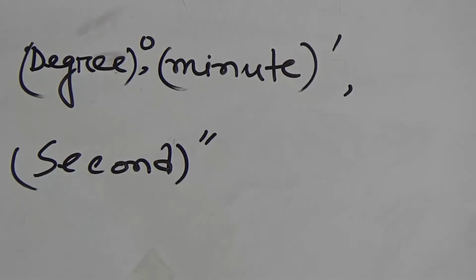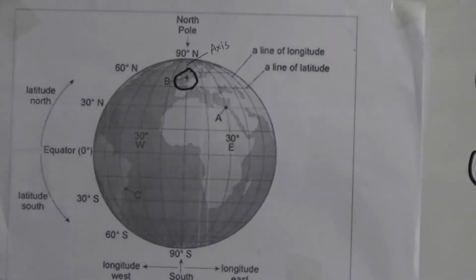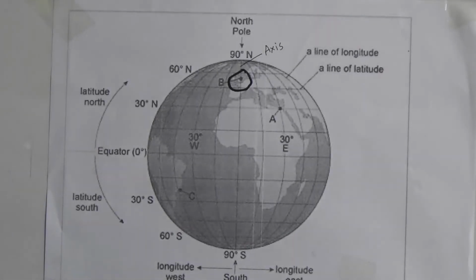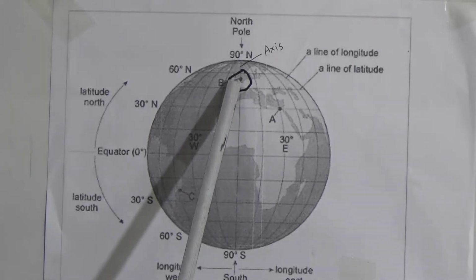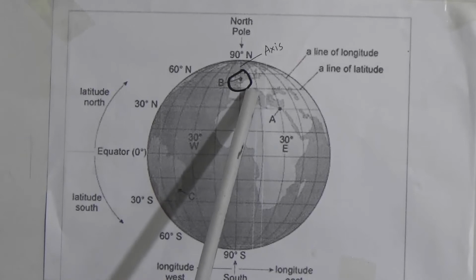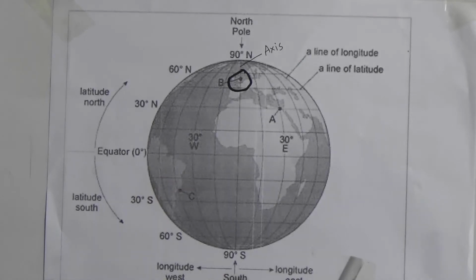So for 1 degree of meridian, 4 minutes differ. So if we go from this Greenwich point 1 degree to the east, then 4 minutes will be added to the time.